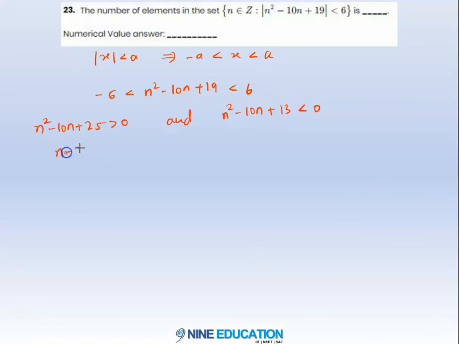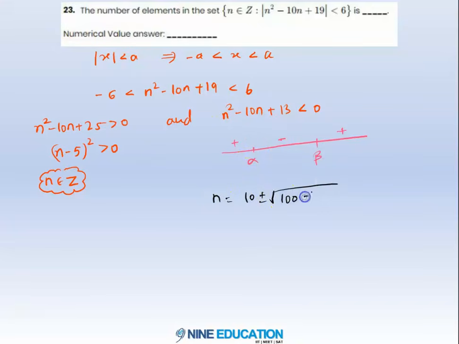So this one is nothing but n minus 5 whole square greater than 0. Now to solve this inequality, I just require the roots alpha and beta, where beta is greater than alpha. So this will become plus, minus, plus. So I just need to count the integers between alpha and beta as per this inequality. So let's get the n values. It's 10 plus minus square root of b square minus 4ac, divided by 2 times the coefficient of n square, which is 2.